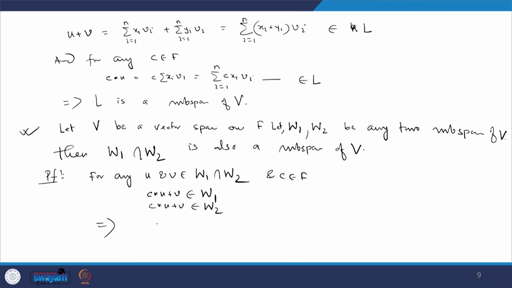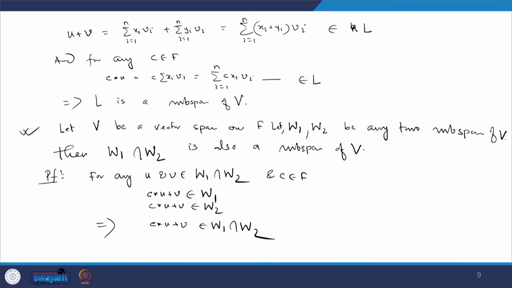So this implies c star u plus v belongs to W1 intersection W2. So we see that the intersection of two subspaces is again a subspace. In fact, if I take the intersection of n subspaces, again it will be a subspace.